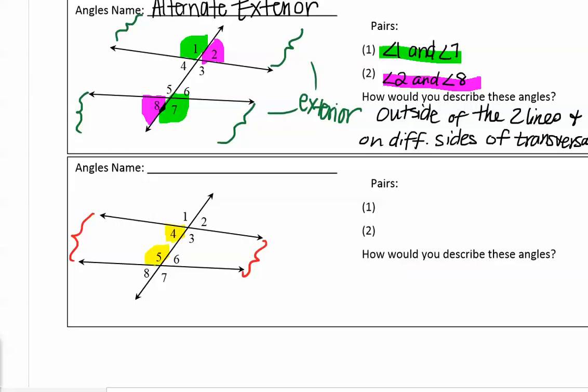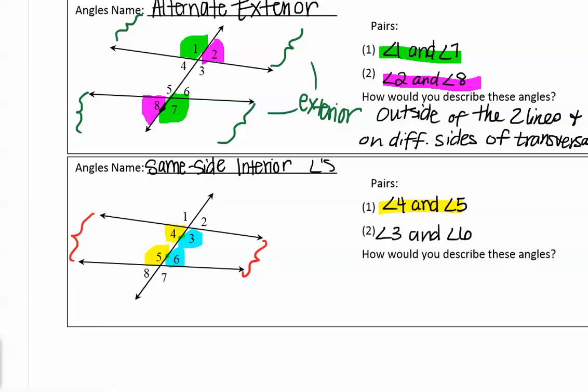And so that's why we call these same side interior angles. So angle 4 and angle 5 would be a pair, and the other pair would be angle 3 and angle 6. So 4 and 5 and 3 and 6.